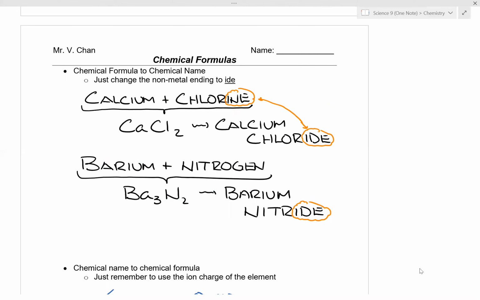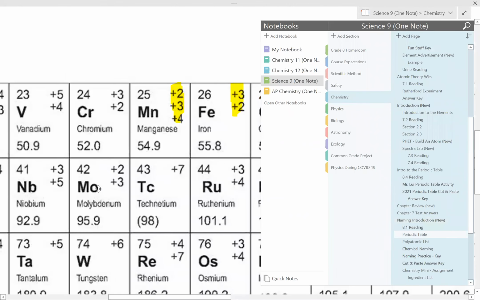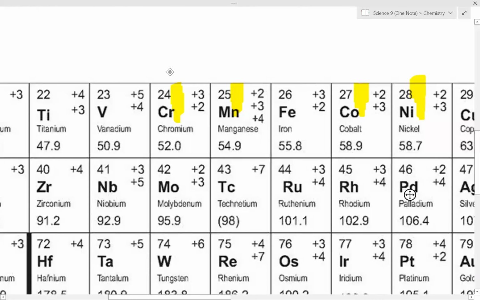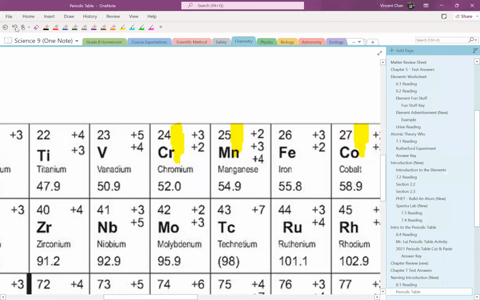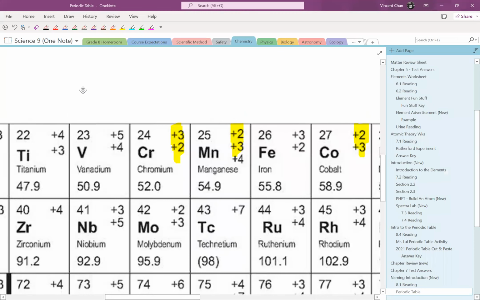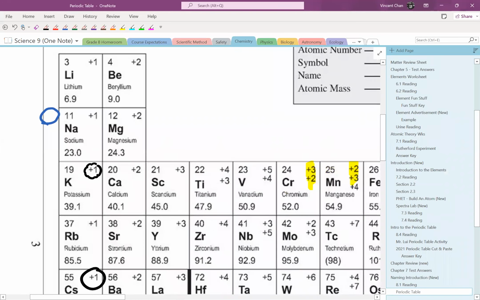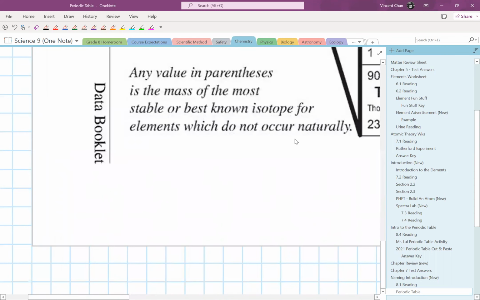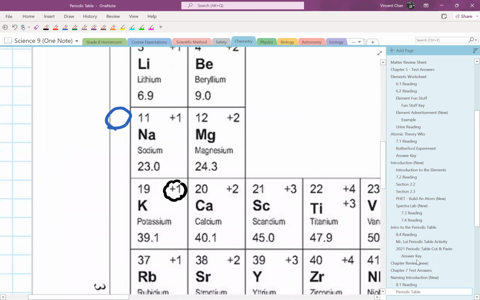The reason is because looking at the periodic table, if we take a look at sodium, notice sodium only had one charge. If we looked at calcium, calcium only had one charge. So if they have only one charge, then you do not need to worry about Roman numerals.